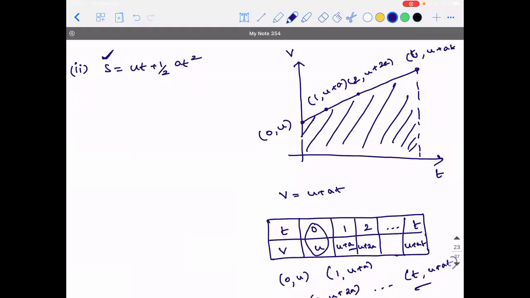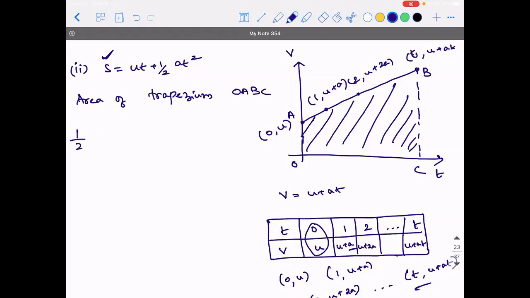Now see. If I label this as OABC, what is the area of the trapezium OABC? We can even divide it into a rectangle and a triangle.